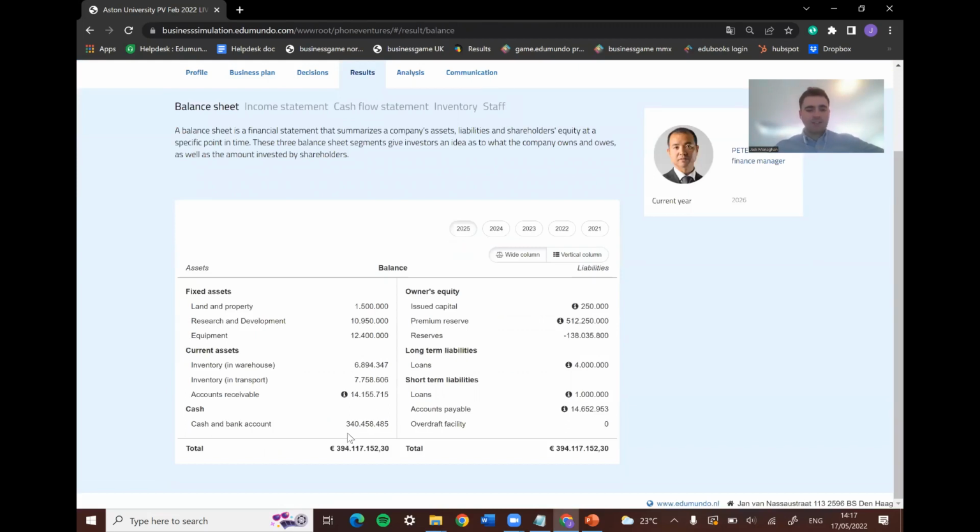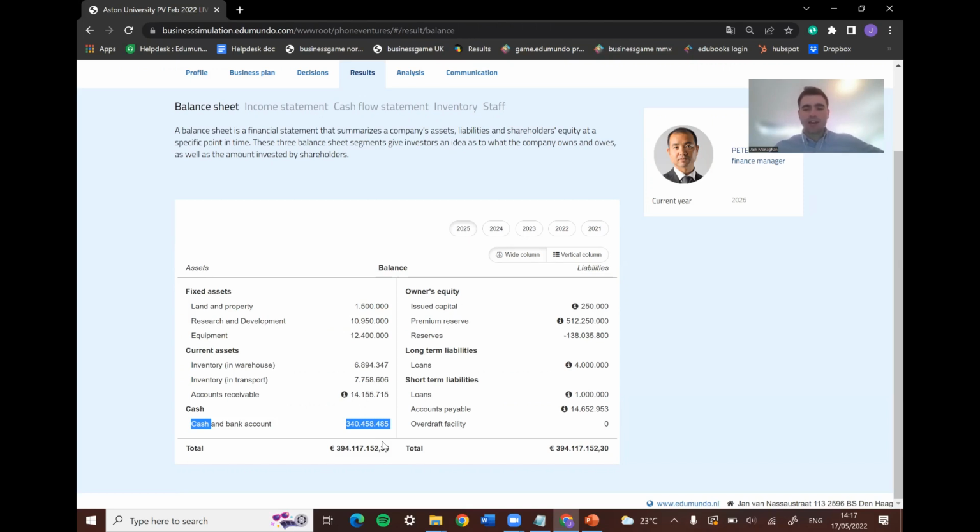The first of which is the cash and bank account on the assets side. If this number does ever run very low, so for example, if you only have a couple of million left in your cash and bank account, I would highly recommend that you take out a loan.